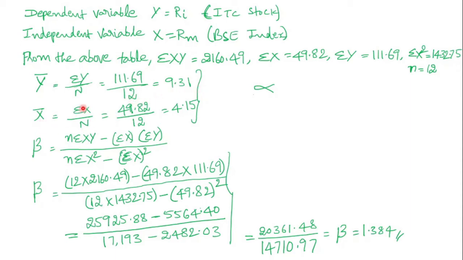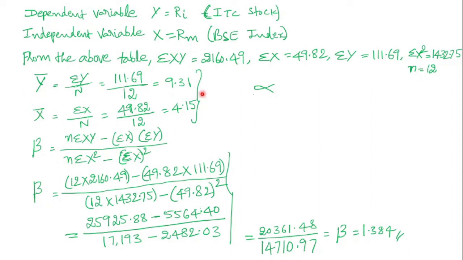X bar is sigma x by n. Sigma x is 49.82 divided by 12, that will get 4.15. This is y bar and this is x bar. That is the arithmetic mean of the independent variable x bar, and the arithmetic mean of the dependent variable y bar.